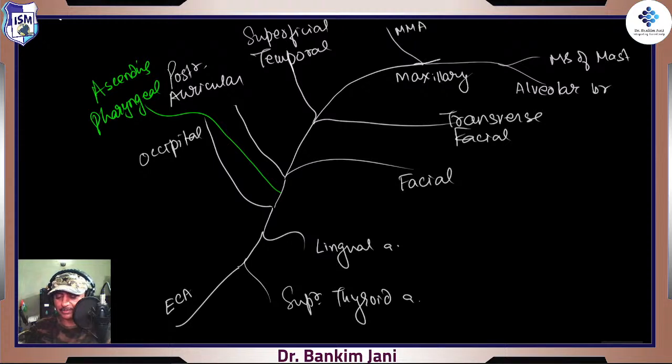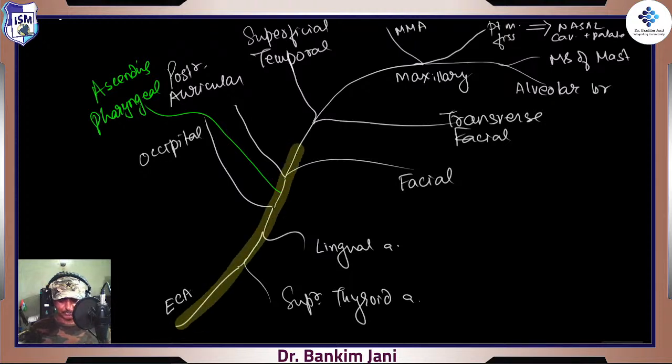But this artery itself would pass through that pterygomaxillary fissure and will end up supplying nasal cavity plus palate, right? So we write it like this is how it will end up. So that's it, done.